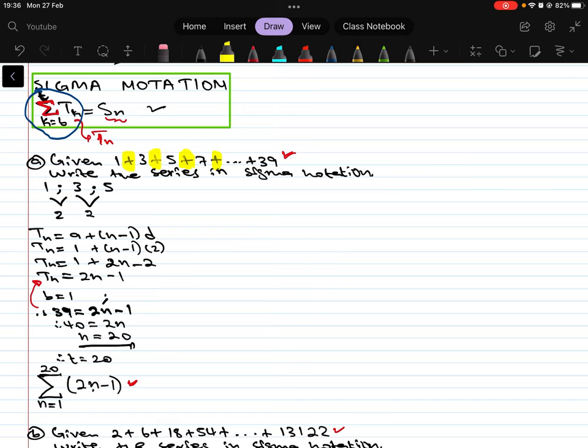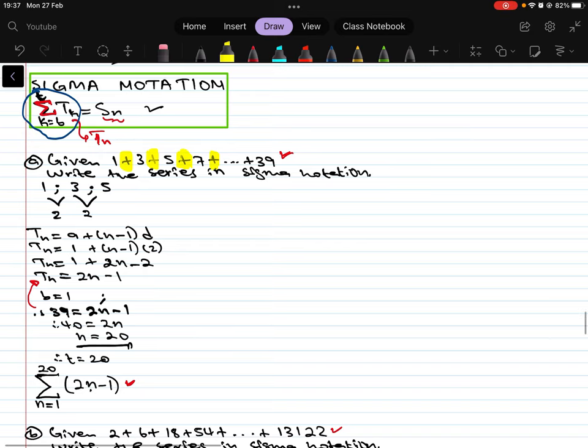Remember, before that we were being introduced to the sum formula, or the series formula. The sum formula is just a shortened way of adding the terms of a sequence. For instance, suppose you have 1, 3, 5, 7.